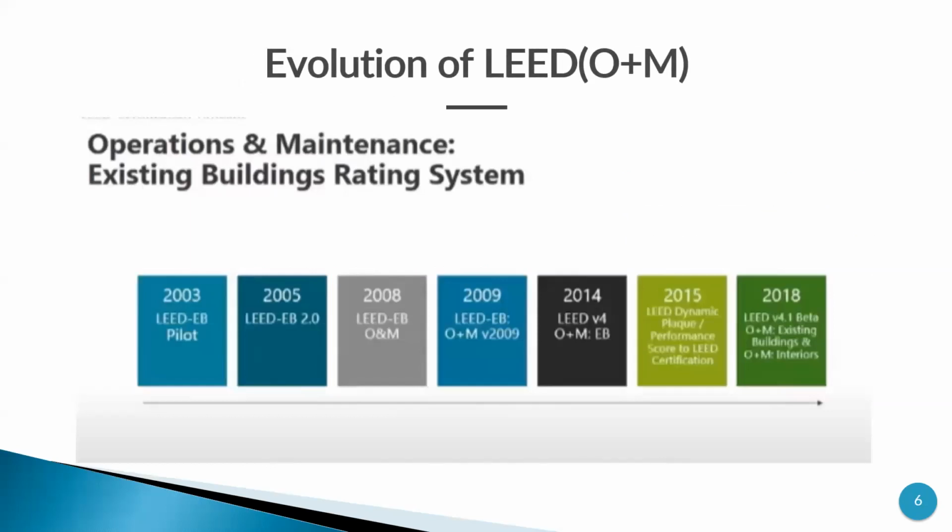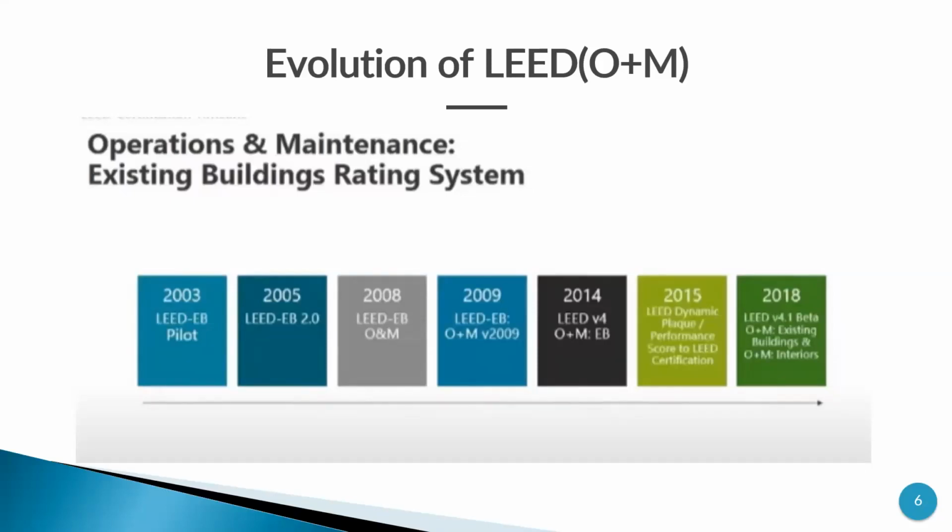When we talk about LEED O&M, how did it evolve? First, it started in 2003 as an existing building pilot project. Then in 2005 as version 2, and in 2008 as existing building operation and maintenance. In 2009, it came as the O&M 2009 version.